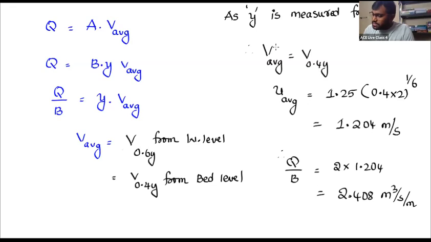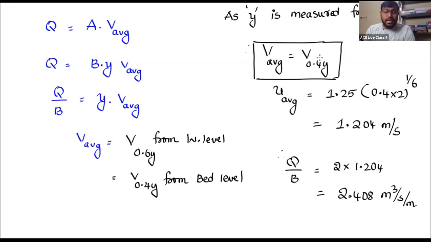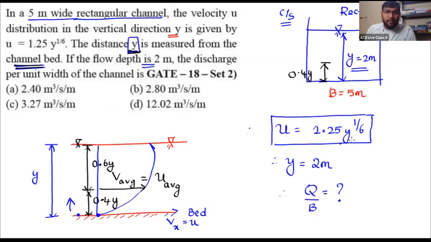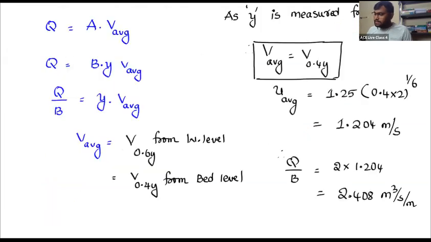The point I have mentioned is, as y is measured from the bed level, you have to take the V average as the velocity at a depth of 0.4 y. What is the total depth? 2 meters, and 0.4 into 2 is 0.8 meters. So if you substitute the y value as 0.8, then this u becomes u average. I hope you understood the concept behind this. Please have a look.